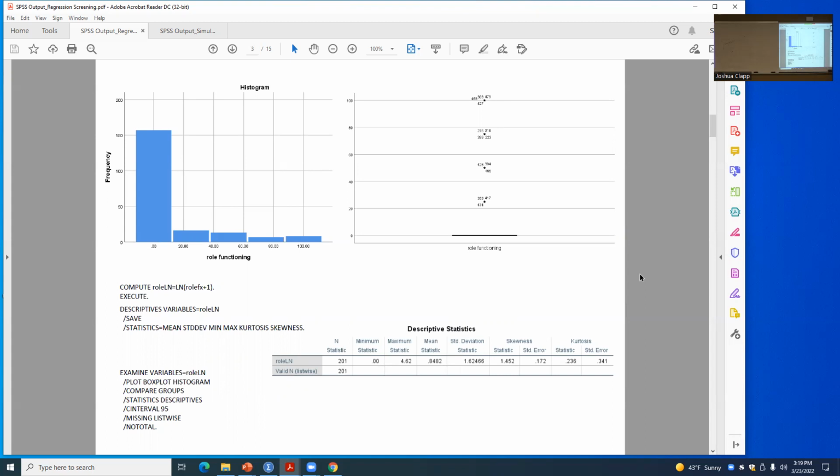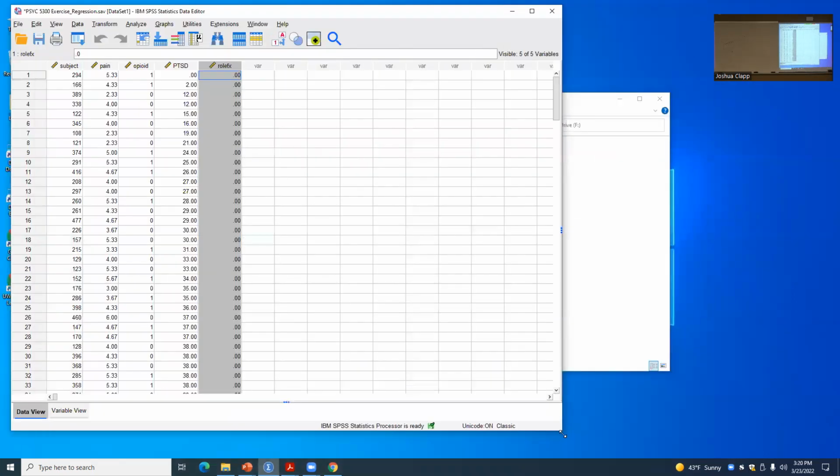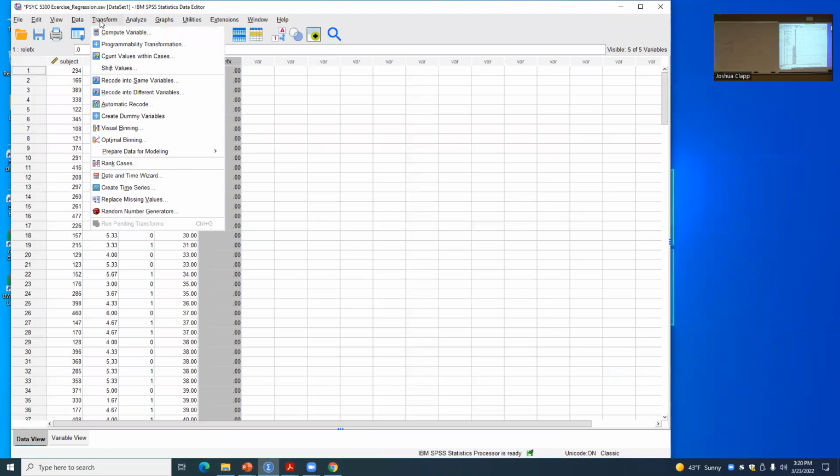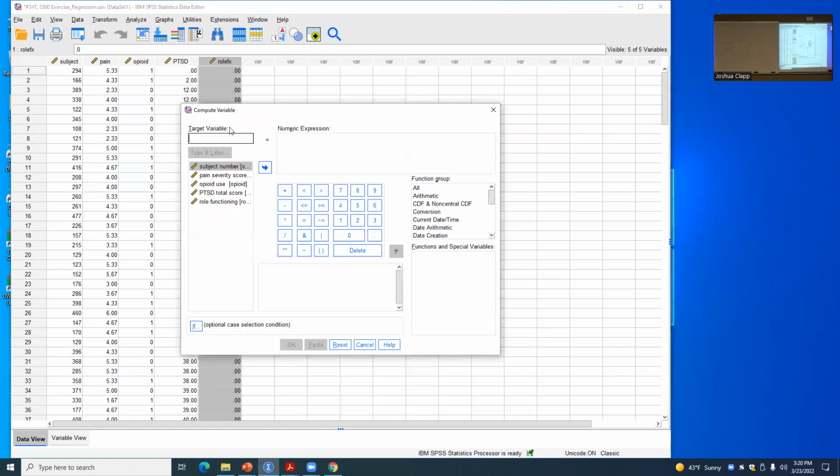What I'm going to do in SPSS is go to Transform, then Compute Variable. I'm going to create a new variable and call it ln_role, and I'm going to make that new variable the log transform of my outcome here.